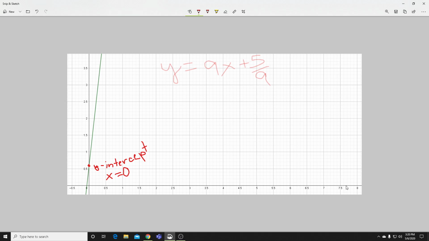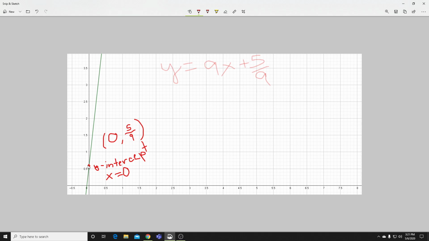Right, because we look at our x-axis, well, that's when x is 0, that's when it's on the y, and we see that x is 0 at the y-intercept, and it's going to cross through at 5 ninths. So that's what the y-intercept is telling us.